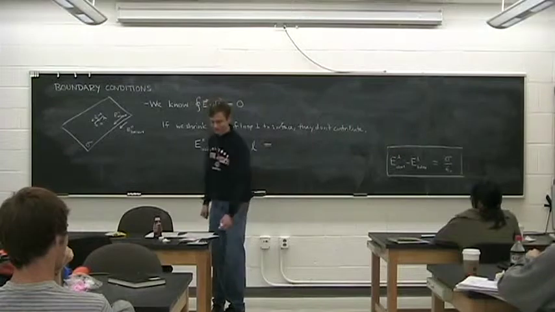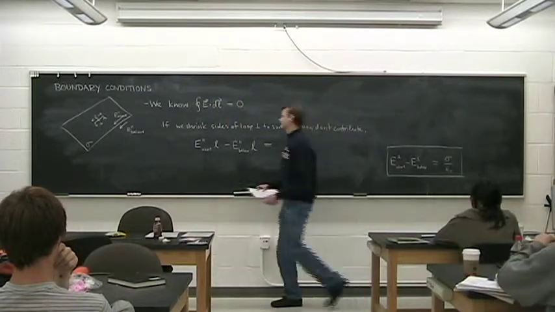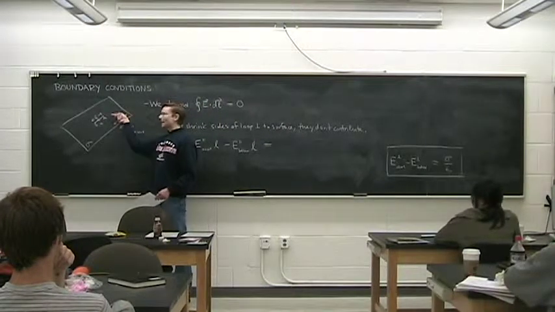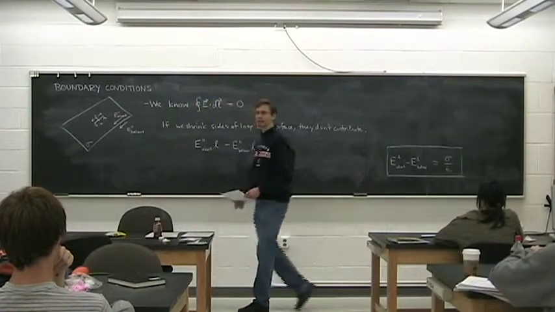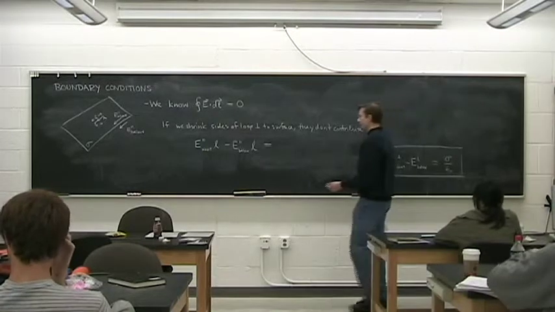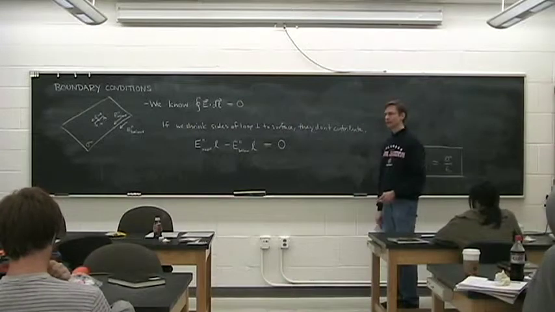And again, it's okay if you didn't go in the direction of the electric field. You just have an angle between the electric field, and you throw in a cosine theta, and that would cancel out in the end anyway. So this line integral has to add up to 0.